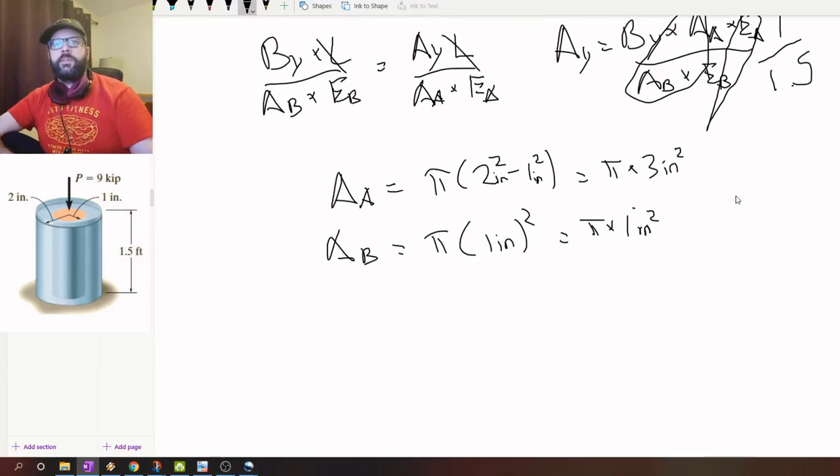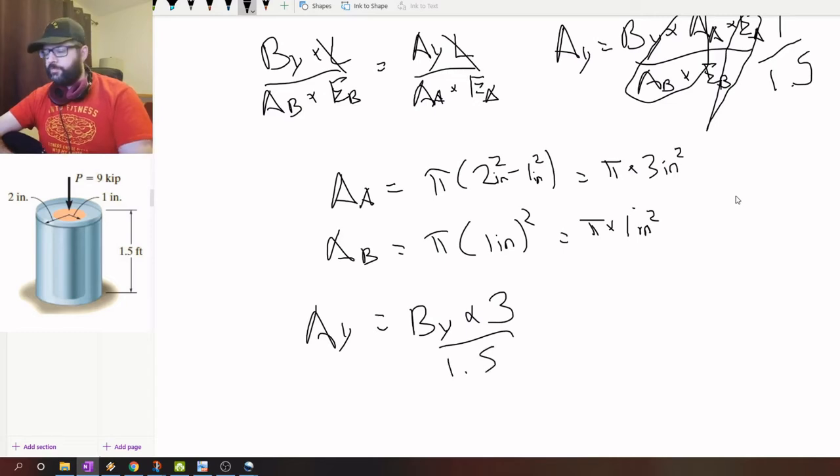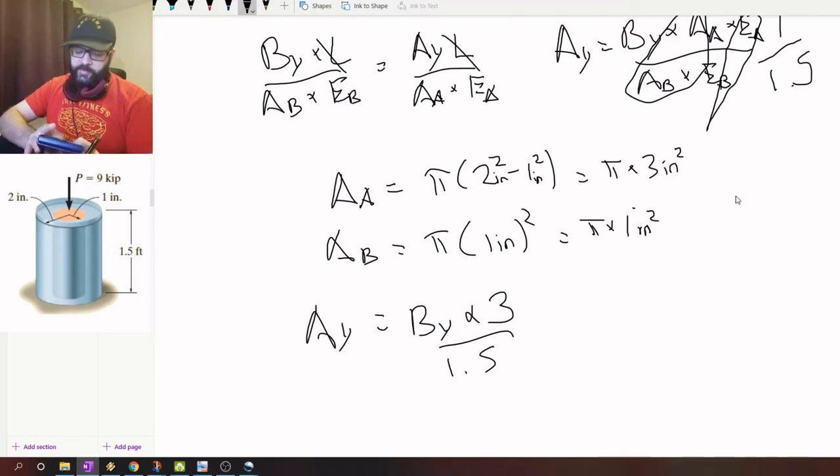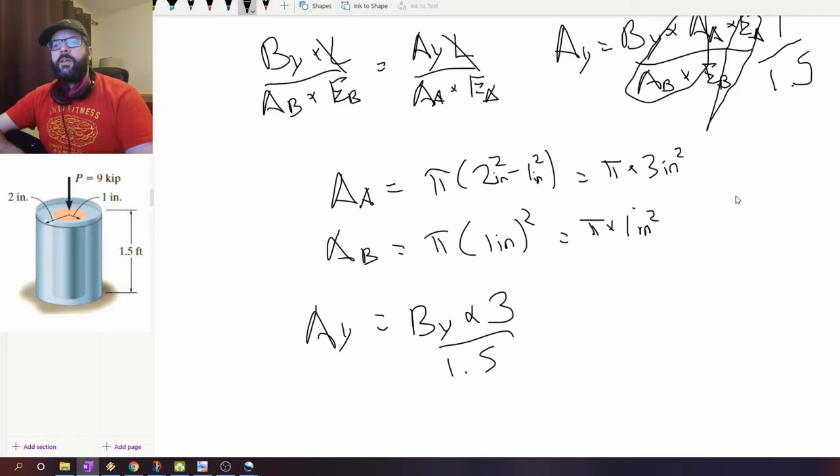So we can solve for AY is equal to BY times 3 divided by 1.5, which, I don't know why I'm bothering to bust out the calculator for that, is equal to 2BY.